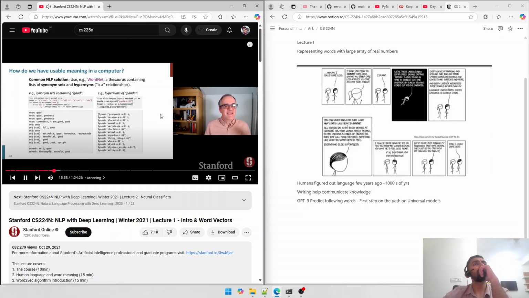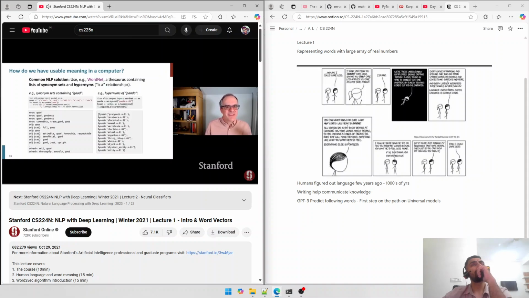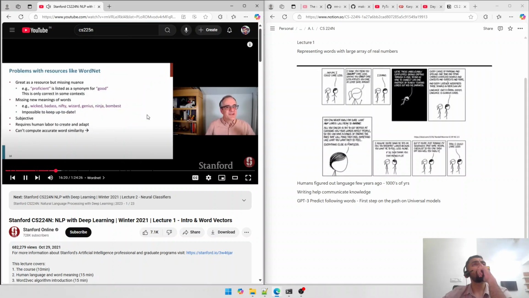For the is-a relationships, we can look at the hypernyms of panda, and panda is a kind of procyonid, whatever those are. I guess that's probably with red pandas, which is a kind of carnivore, which is a kind of placental, which is a kind of mammal, and you head up this hypernym hierarchy. So WordNet has been a great resource for NLP, but it's also been highly deficient.